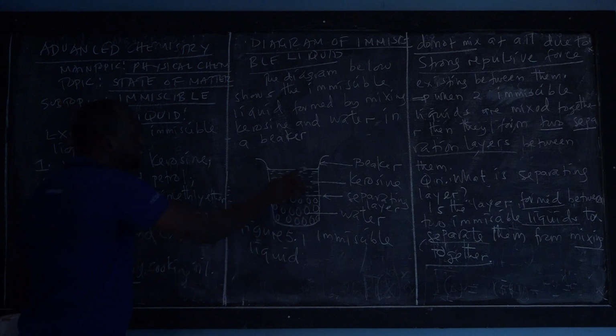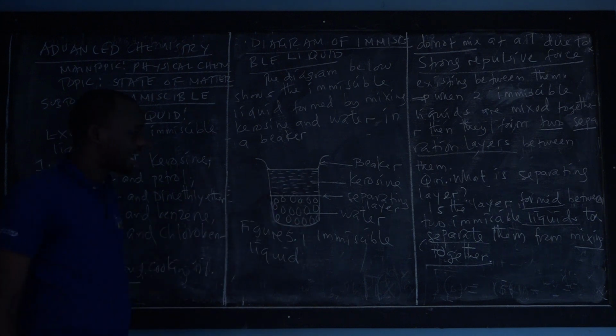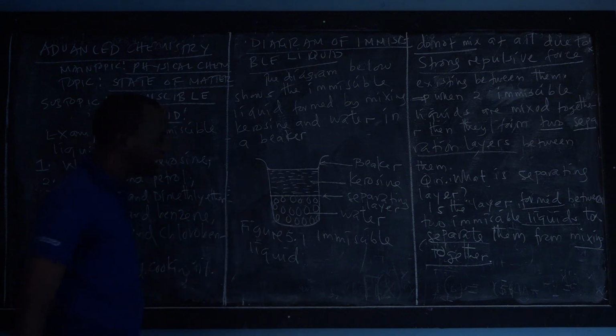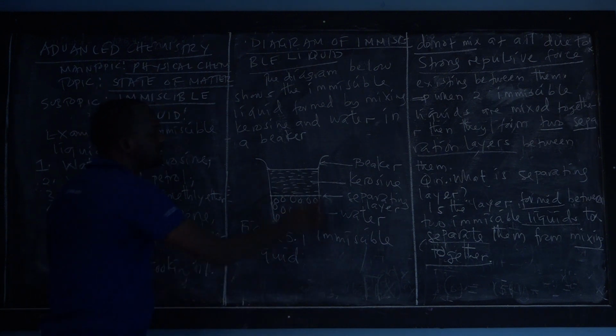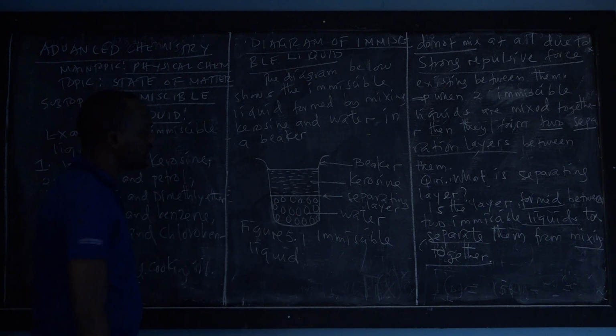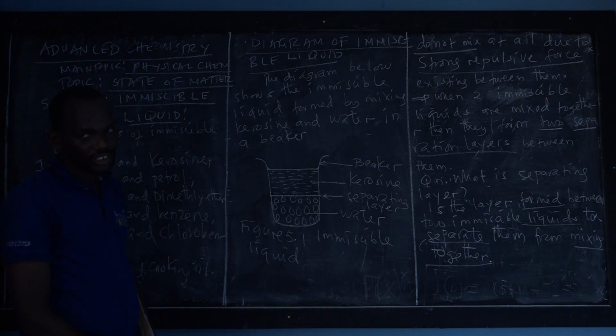So it doesn't matter that we pour the water first. Whether you pour water first or after pouring the kerosene, the kerosene is going to float on the water regardless of which solvent has been added at the beginning of this experiment.